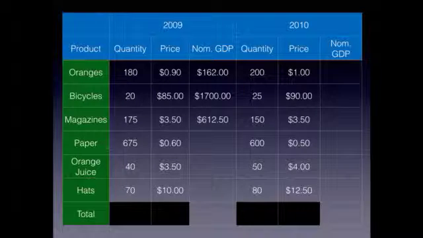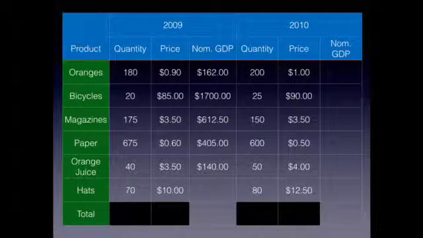Do the same thing for paper. Quantity was 675. Paper sold for 60 cents each. So that gives us $405 as the final value of the good papers that were produced during this time period of 2009. We do the same thing for orange juice, it's $140, and for hats, $700.